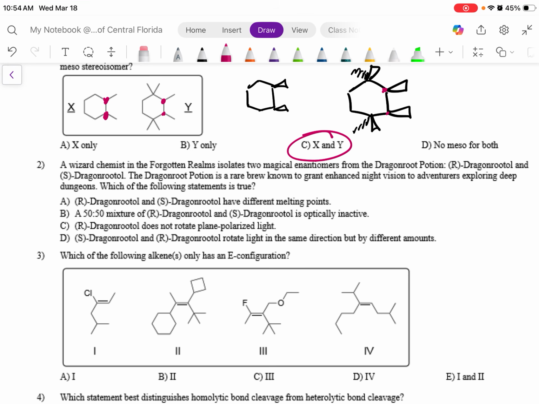B, a 50-50 mixture is going to be optically inactive. That is a correct statement. C, R does not rotate plane polarized light. That is false, because the problem is telling you that they're enantiomers, and enantiomers are going to rotate plane polarized light.